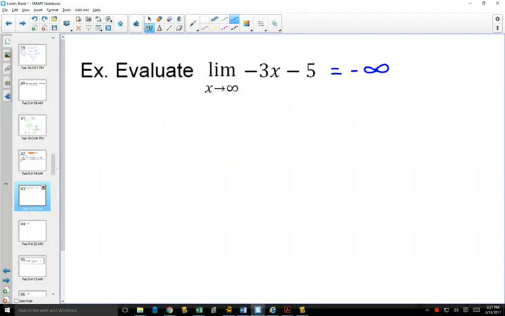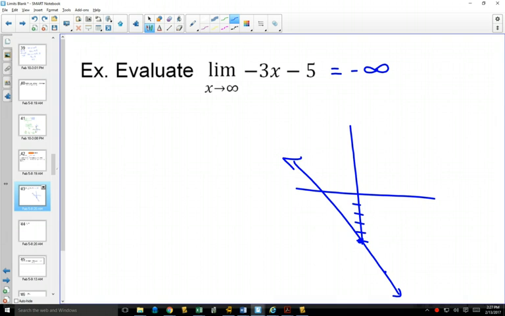So if we look at the graph of negative 3x minus 5, it has a y-intercept at negative 5. And it would have a slope of negative 3, meaning that you would go down 3 over 1. And it would look like this.